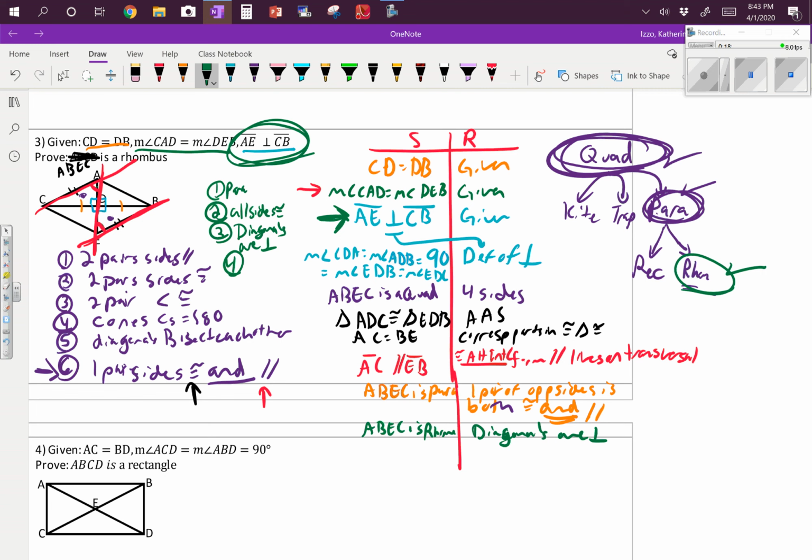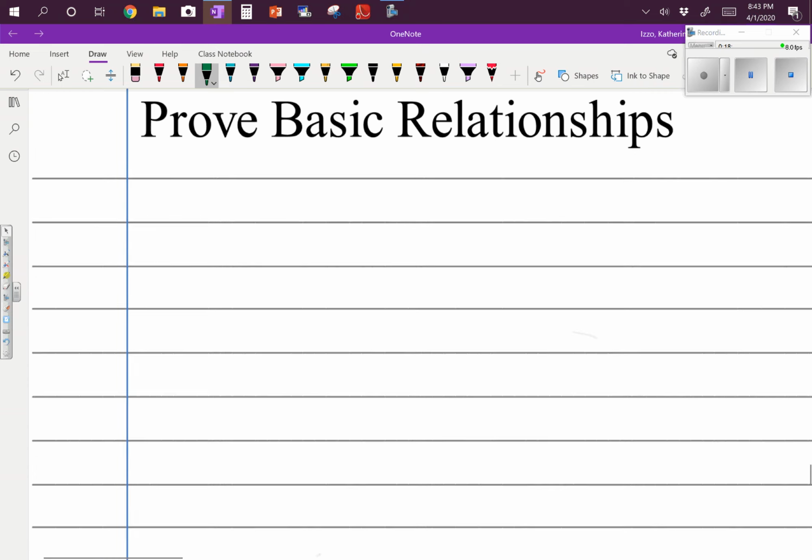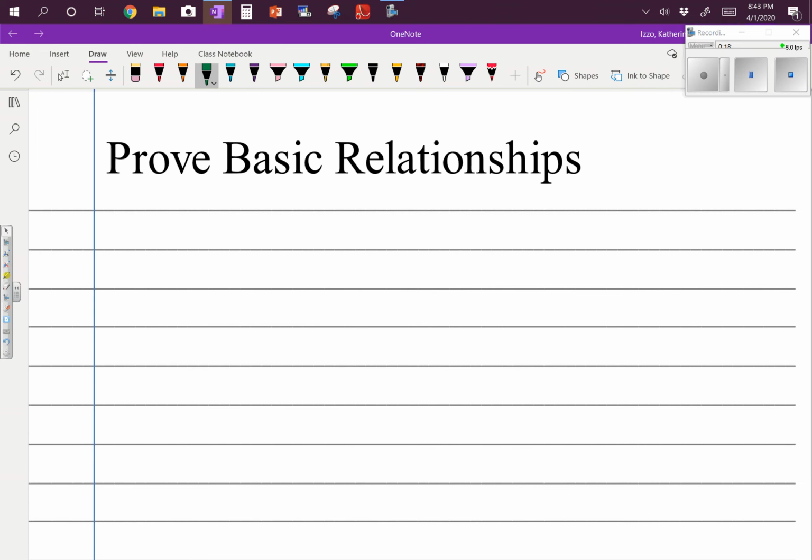The Regents normally doesn't. Right now, I want to go on to another completely different set of proofs. So let's take a look at today's notes. Today's notes, we're going to prove basic relationships. So we're going to take a look at what things they will give you as basic relationships.